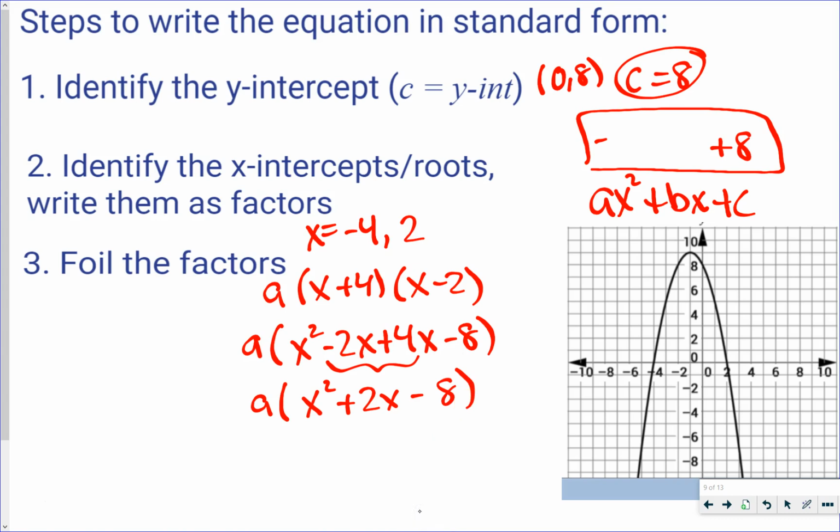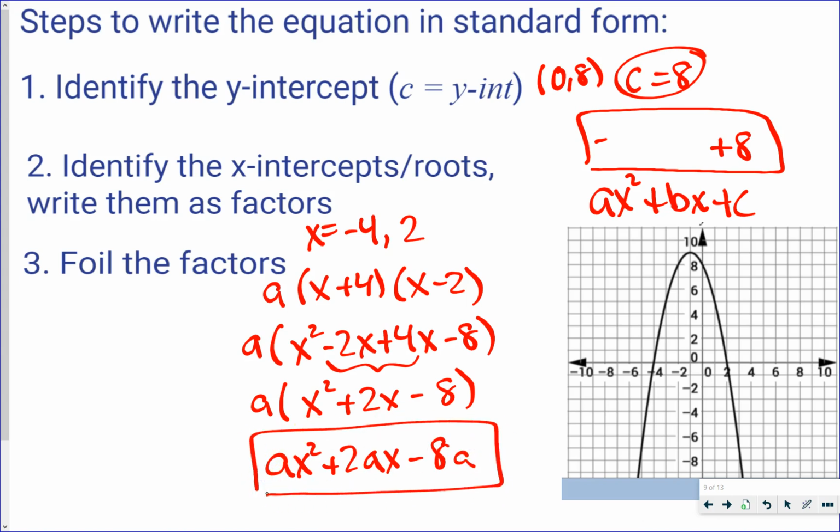And to completely squish them all together, I will have to distribute the a to each piece. So we're going to have ax squared, that looks familiar, plus 2ax minus 8a. So FOIL and distribute them all back together to get some kind of an equation.